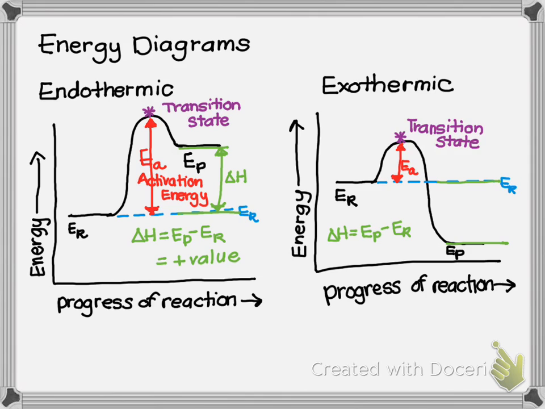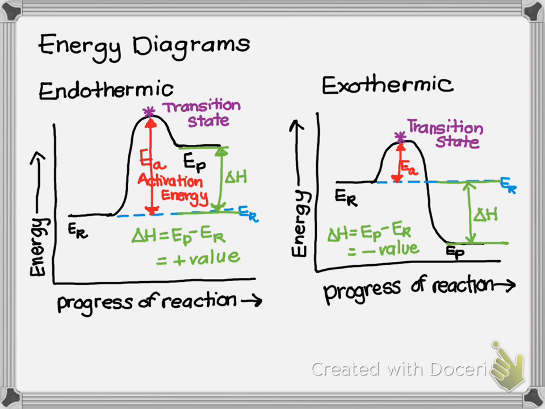So if you take a smaller number and subtract a larger number, then you get a negative value. So this difference right here is delta H, and it would be a negative value for exothermic because the energy of the products is lower than the energy of the reactants.